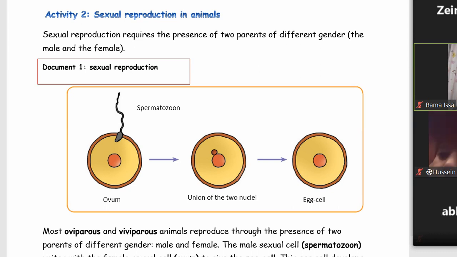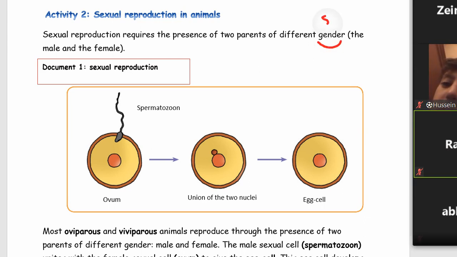But in sexual reproduction, the reproduction takes place in the presence of both parents of different gender. Gender means sex. We have two sexes, male and female.